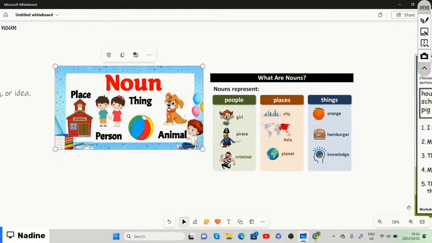The things can be an orange, a hamburger, or even knowledge, your thoughts.